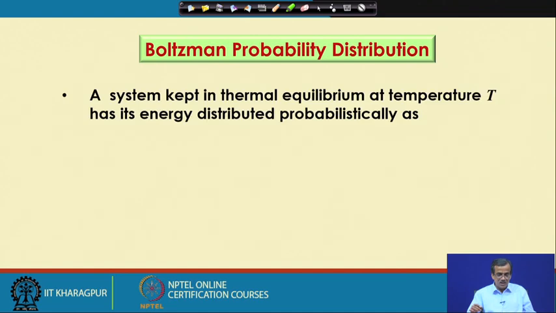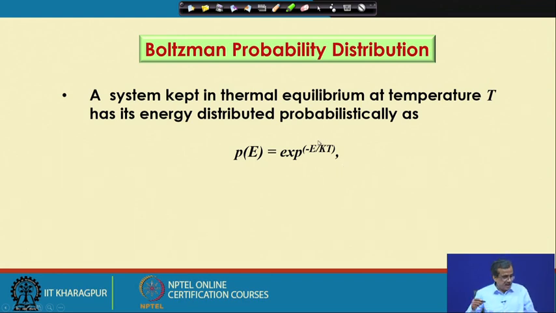According to this Boltzmann probability distribution, a system kept in thermal equilibrium at temperature T has its energy distributed probabilistically according to this. So, P E is nothing but exponential minus E divided by k T. The system is in thermal equilibrium at temperature capital T, and its energy will be distributed probabilistically according to this particular rule.